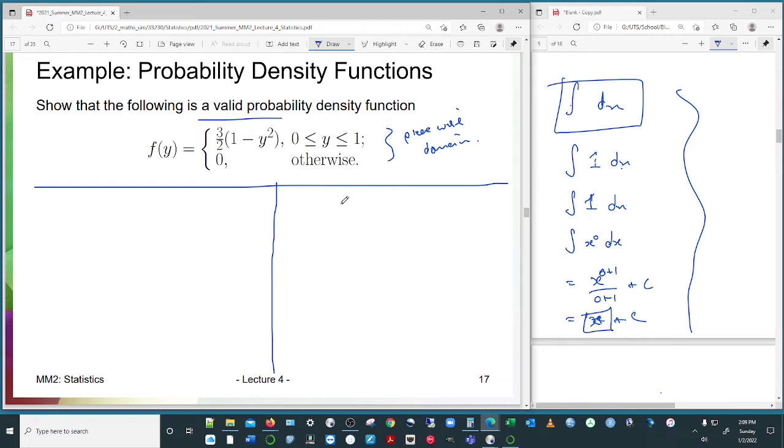Okay, and so what we'll do is we'll have the integral of our function, and we want that to be 1. That's by definition. The other thing we want here is to demonstrate our function is always positive. 0 or positive, and it has to be always. So the two things are required for us to present that it is in fact a valid definition.